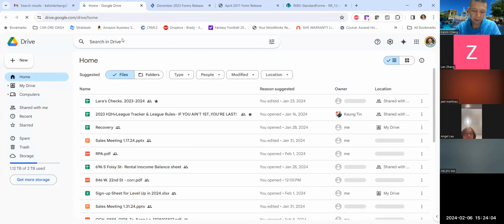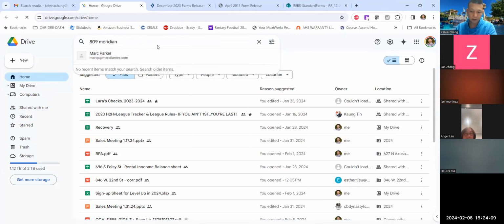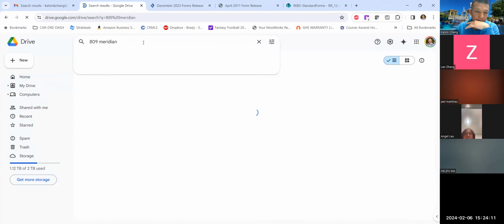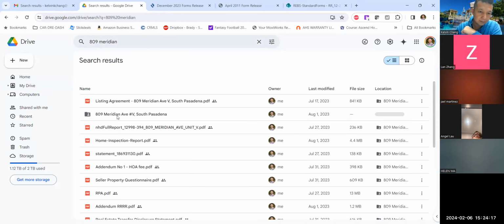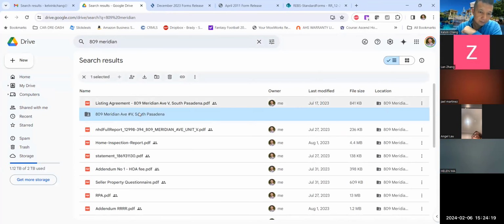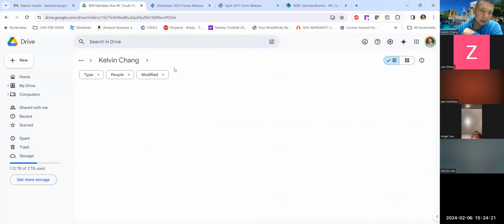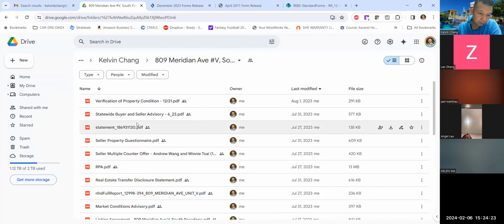So I'm gonna pull up 809 Meridian because this is my own transaction. I think that's Meridian. Let me see. Okay, so I used this strategy in my own transaction.